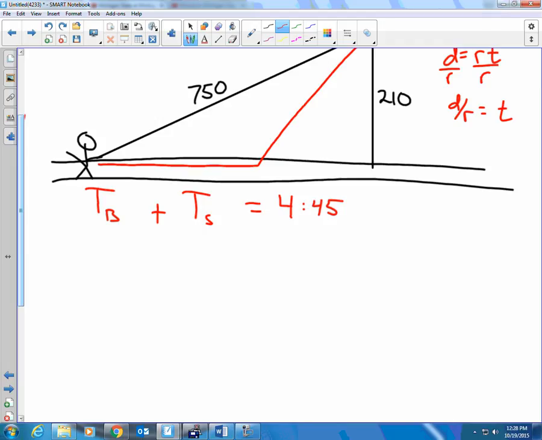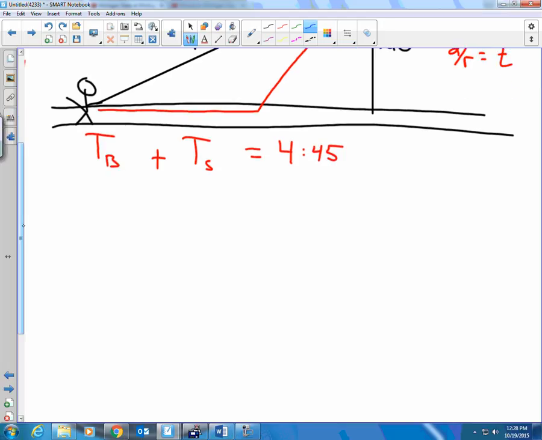I don't like the minute seconds thing. How about you guys? So let's change it to seconds. How much is 4 minutes and 45 seconds? 285. Because 4 minutes is 240 seconds plus the 45, 285. So first of all, this is equal to 285.